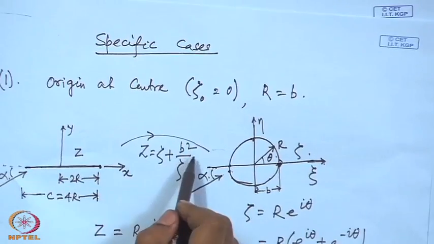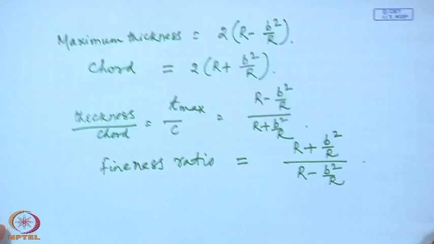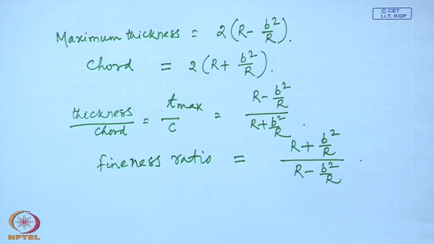See here also. So, okay, if you know about the ellipse, let us assume that you know the fineness ratio of the ellipse, that will give you B by R first of all. If you know now the R, you know what is the doublet strength for the flow about the circle. And applying that Kutta condition, you can also find what would be the circulation.